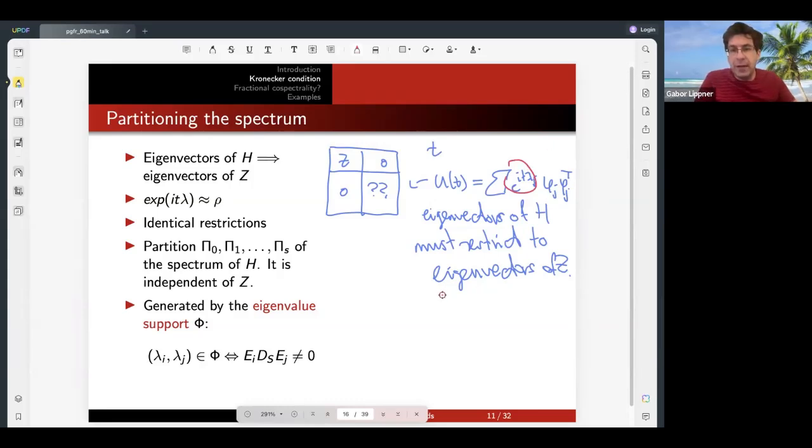So if phi_j restricted to S is some psi, an eigenvector of Z, then e to the i t lambda_j must be equal to the corresponding eigenvalue of Z.